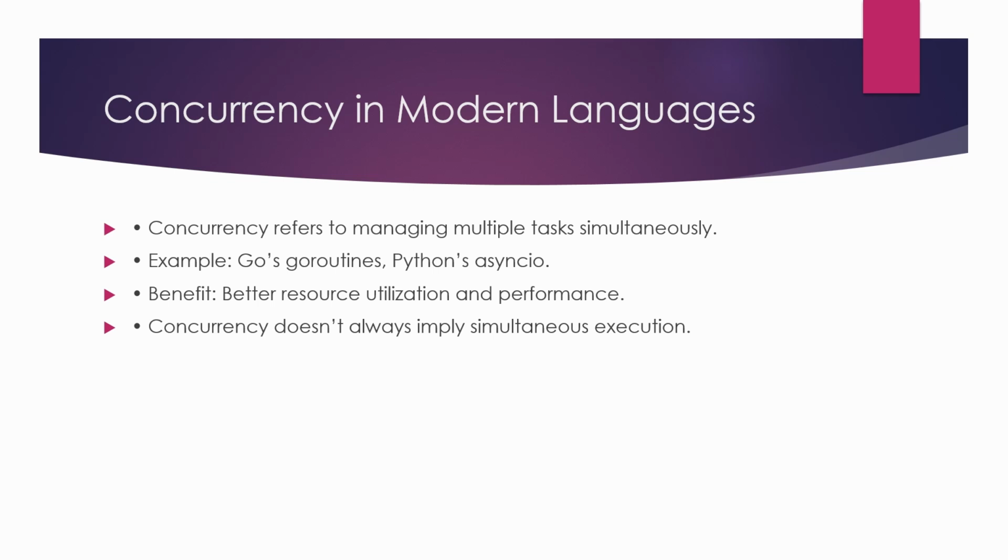Languages like Go with its lightweight Go routines and Python, which uses Asyncio for asynchronous tasks, provide tools to implement concurrency effectively. It's a critical feature for large-scale applications that require responsiveness and efficient resource management.